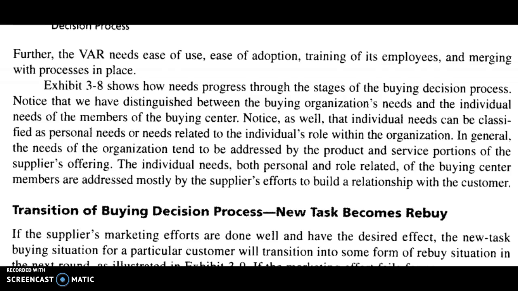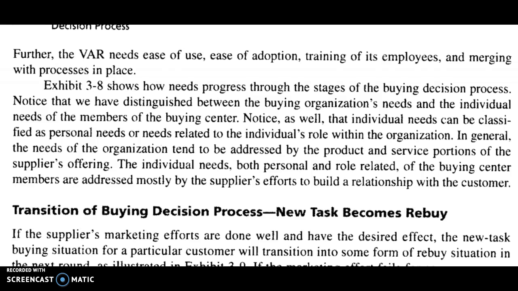Notice that we have distinguished between the buying organization's needs and the individual needs of the members of the buying center. Notice as well that individual needs can be classified as personal needs or needs related to the individual's role within the organization.